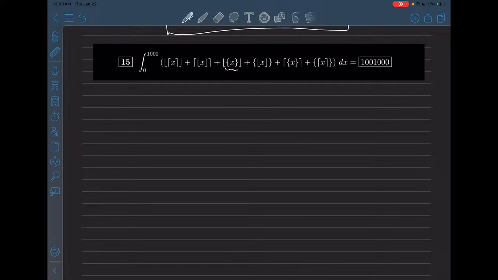So first of all, this is called the fractional part function. This is called the floor function. And this is called the ceiling function.